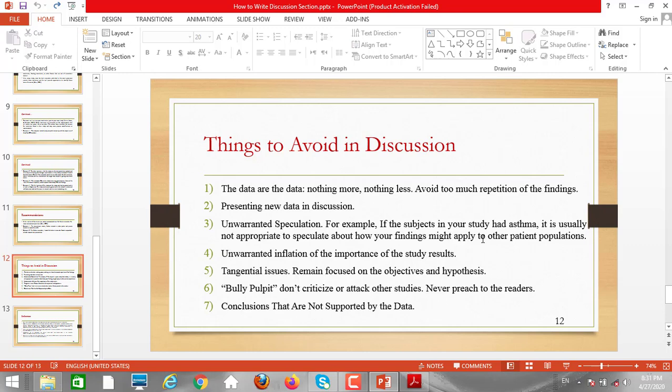For example, it's not appropriate to say that this particular writer did not find the findings that were expected, or to say why the researcher did not consider female participants or respondents.